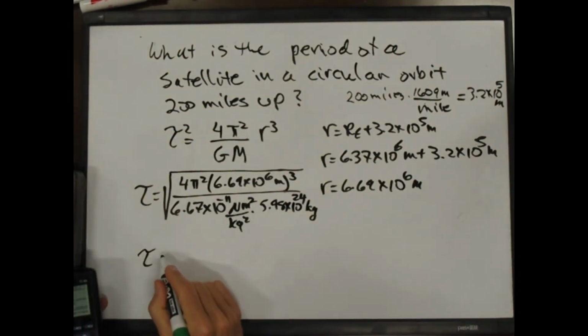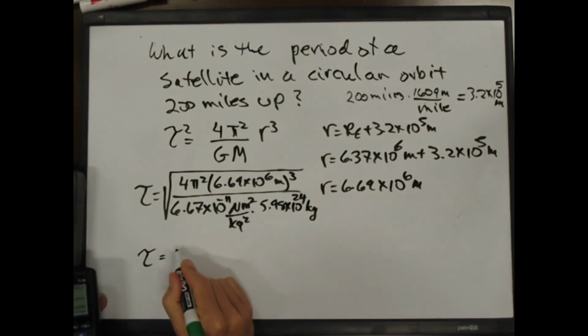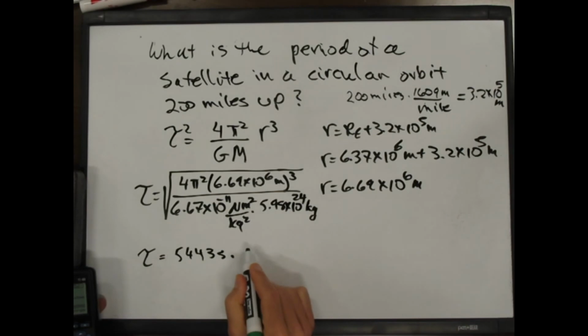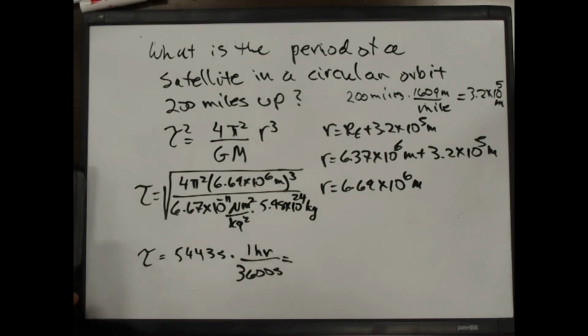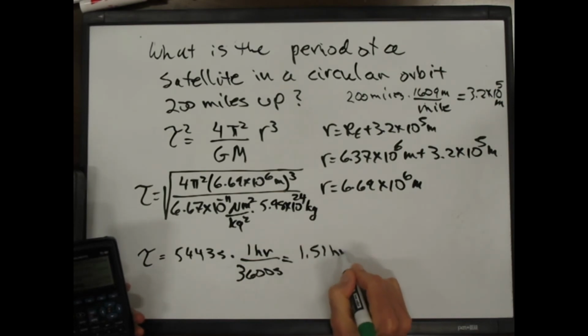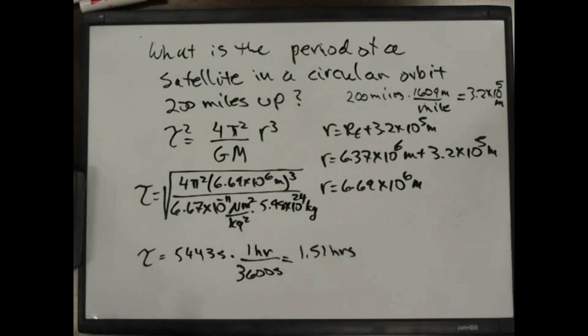What I get for that is about 5.443 seconds, and if I multiply that by 1 hour over 3,600 seconds, I get about 1.51 hours. So about an hour and a half.